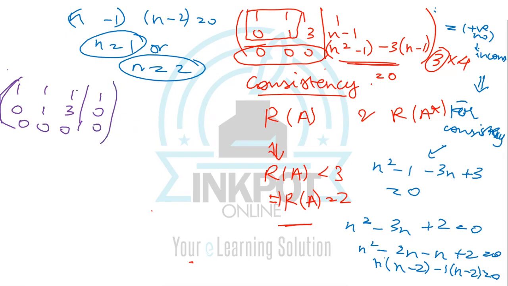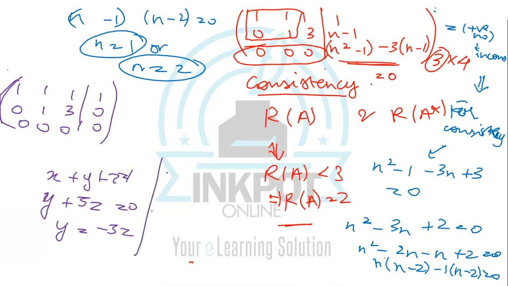So this, right? So you would have something like x plus y plus z is equal to 1, and y plus 3z is equal to 0, which implies y is equal to minus 3z. Okay, so because y is equal to minus 3z, you would have something like x minus 3z plus z is equal to 1.